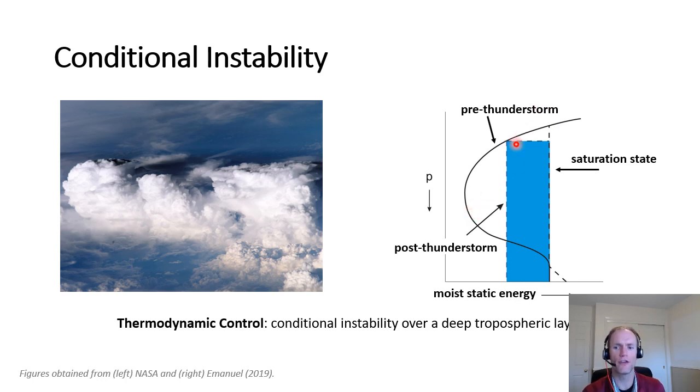So after the thunderstorm has formed and rained out, you get this dashed blue line that you see right here as the post-thunderstorm state. You have lower moist static energy associated with the cooling near the surface than you did before in the solid black line, and you have more in the middle to upper troposphere given by this dashed line relative to what you had before, with the black line lying to the left.